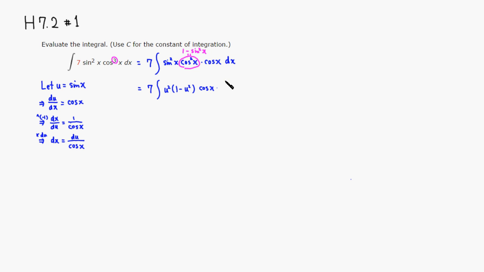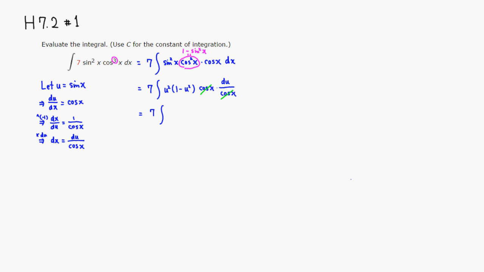And dx, we just found out, is equivalent to du over cosine of x. Then we can cancel the cosine of x on top and the cosine of x on the bottom, which leaves us with this simple integration. This is going to be 7 times the integral.